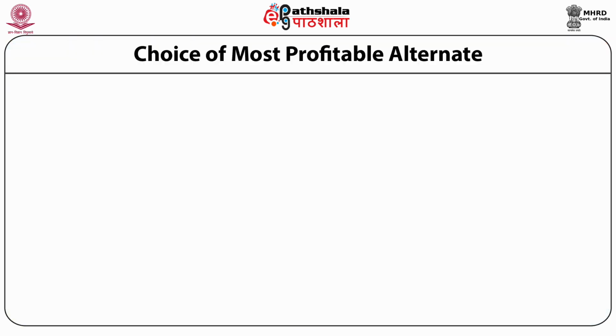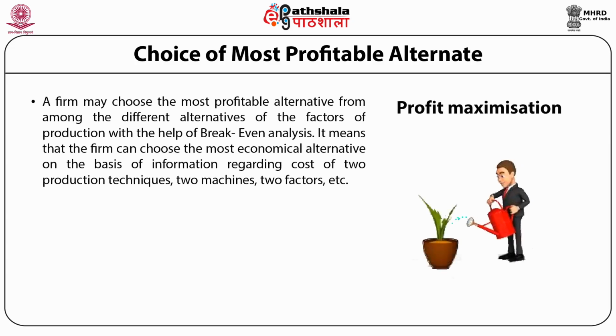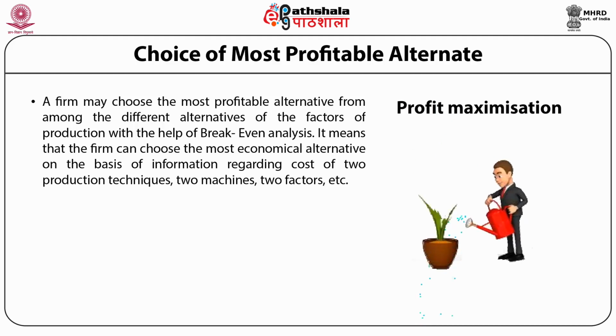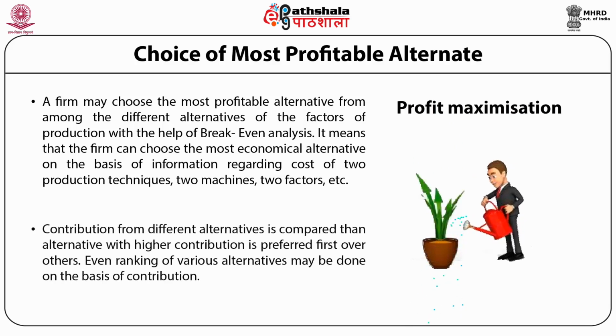Break-even analysis also helps firms in making the choice of the most profitable alternative. A firm may choose the most profitable alternative from different alternatives on the basis of break-even analysis. In this case, the firm compares the contribution of each alternative, and the alternative having higher contribution is preferred over others.